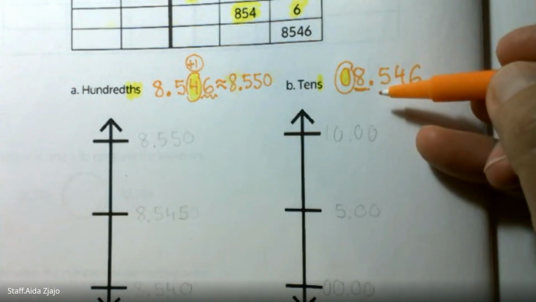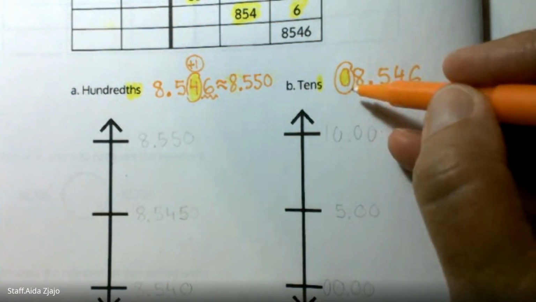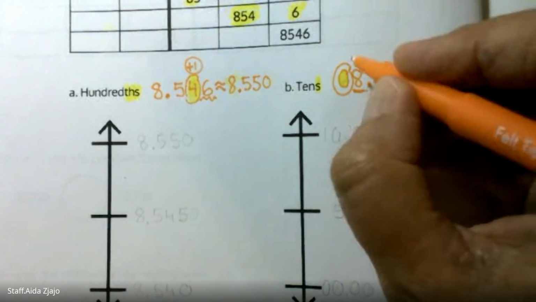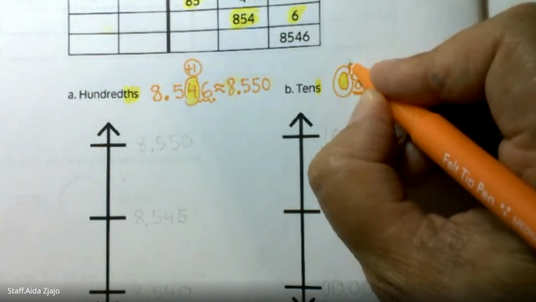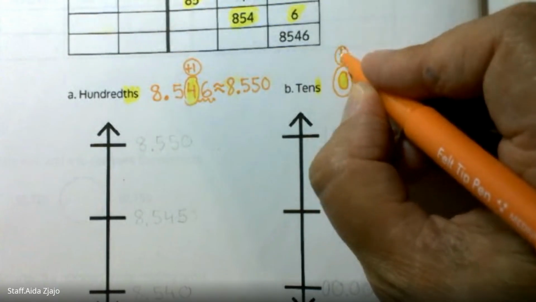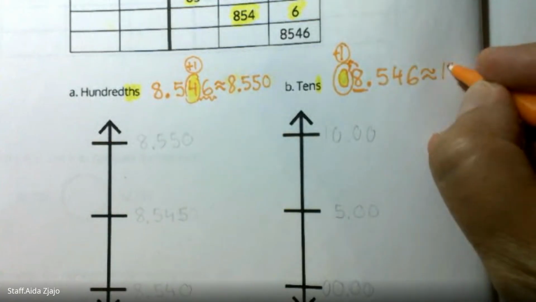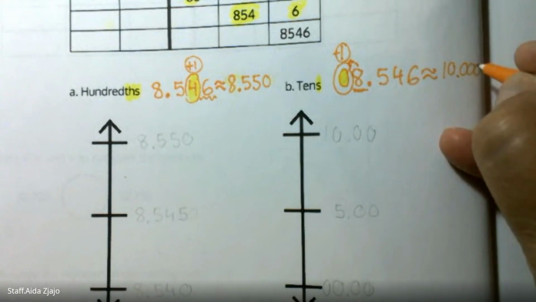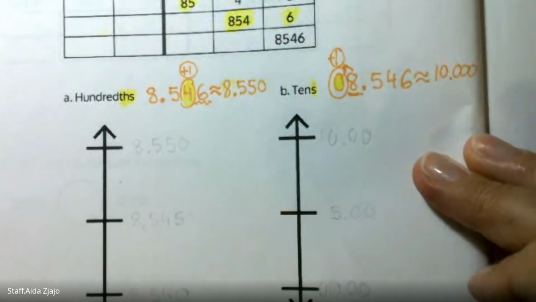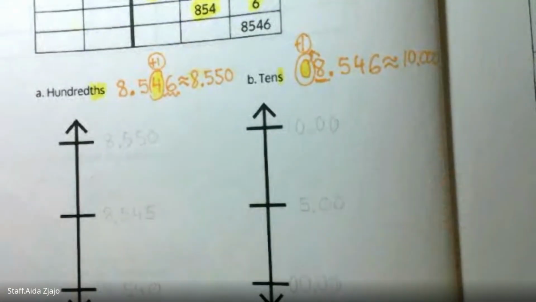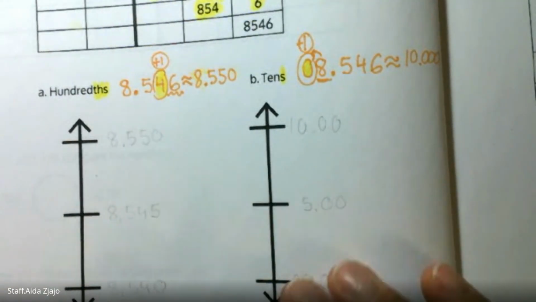If we have $8, that's very close to $10. So we can use this to make a new $10. So we can really round this to $10 with 00. So that's when you take the logical thinking.